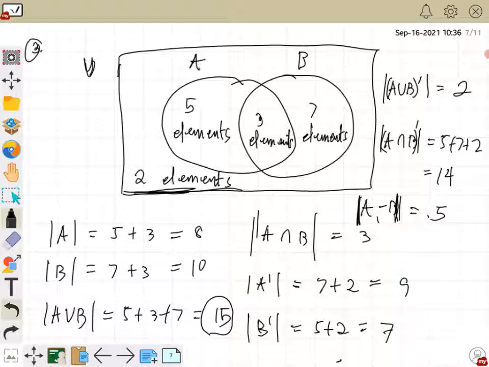Notice that this one is saying A only. In the same way, B minus A means B only, that's 7. Those are basically some set operations and counting elements using a Venn diagram.